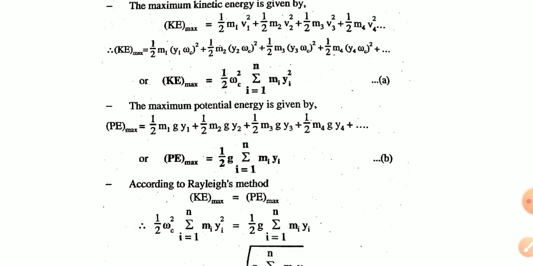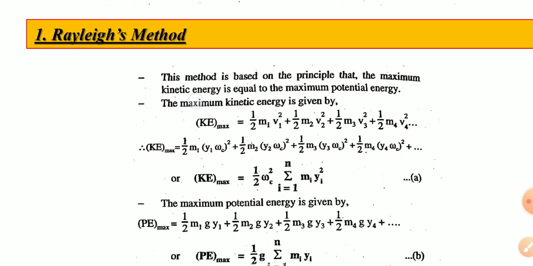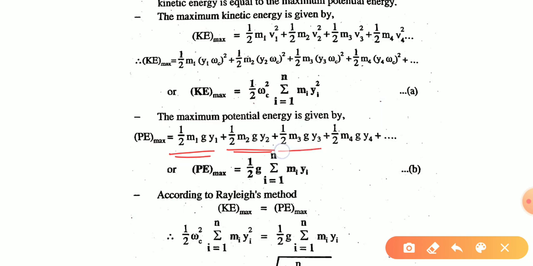Here the height will be equal to y1. So the potential energy will be 1 by 2 m1 g y1. For the second rotor it will be 1 by 2 m2 g y2. For the third rotor it will be 1 by 2 m3 g y3. In the same way for multiple rotors we can write it in generalized form.